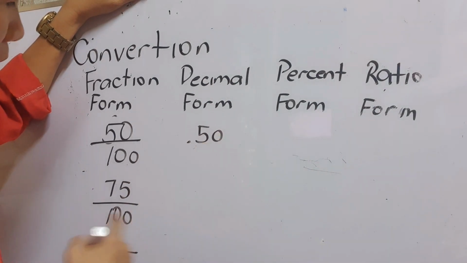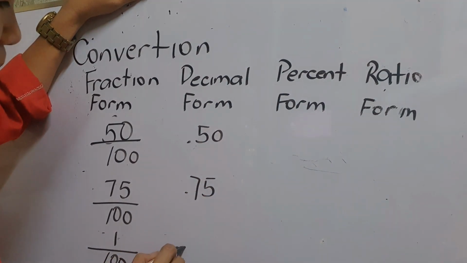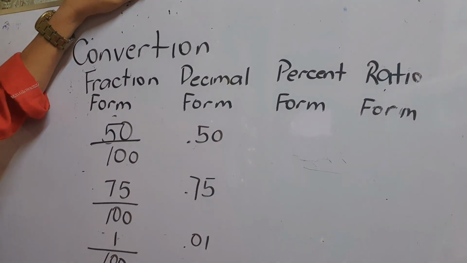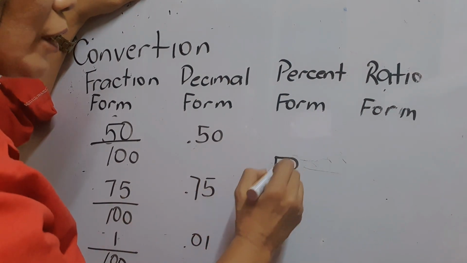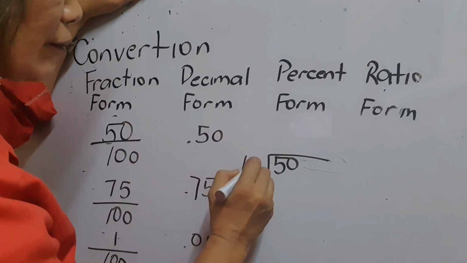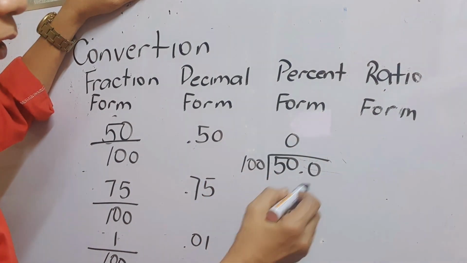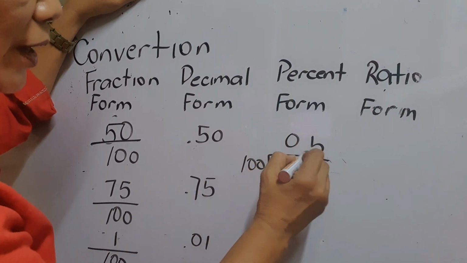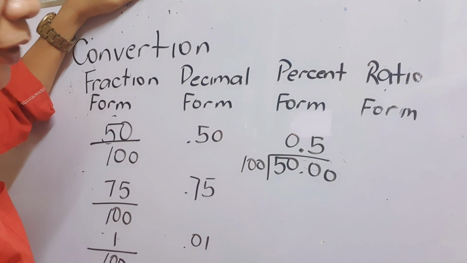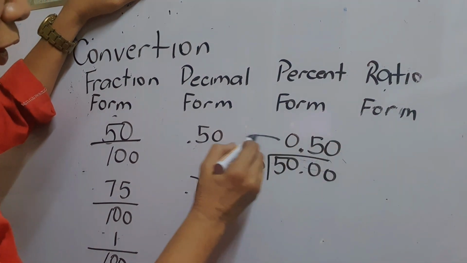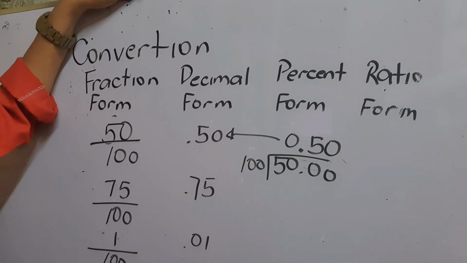That would be 0.50. And then here, 0.75. And then here, 0.01. Paano nangyari na ganyan? Okay, tingnan natin. So, 50 divide by 100. So, 50 lang ng 100, wala. We have to put 0 here. 500 divided by 100 is 5. Okay? And then you can put another 0. Okay, so yun siya. 0.50. Okay?